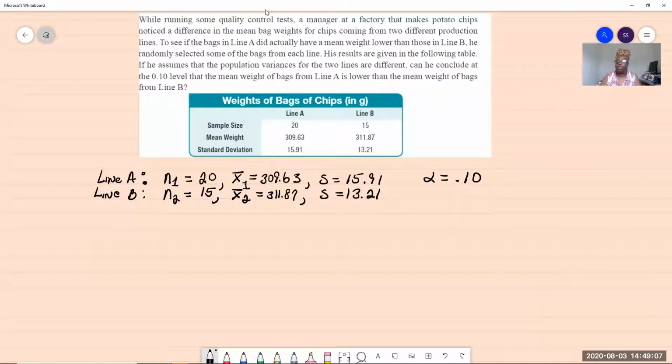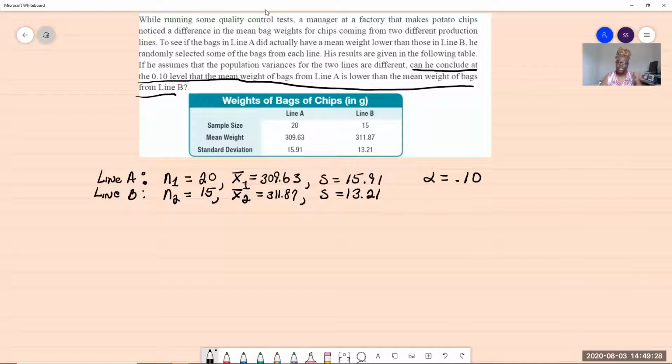As you see, I wrote alpha on the side. So we have all our numbers out of here, all right? And I'm just going to underline our conclusion. Should have highlighted it because my line's going everywhere, but you get the point. So anyway, that's all the numbers we have.